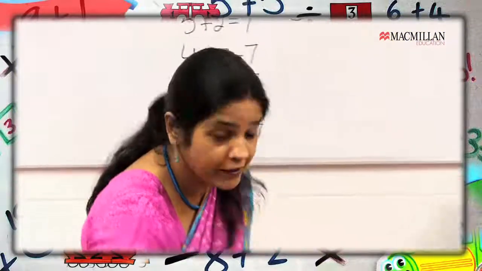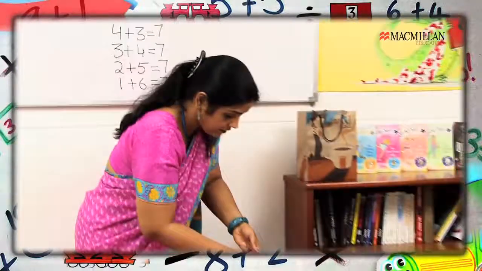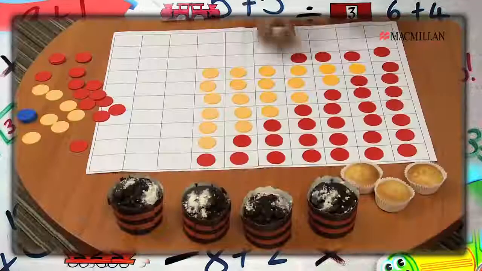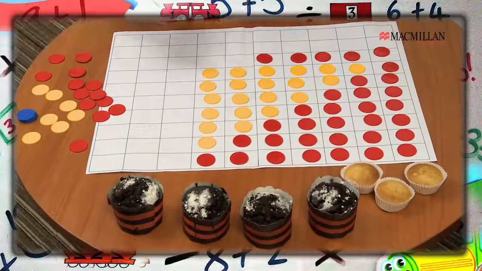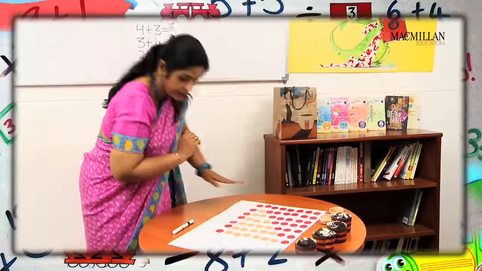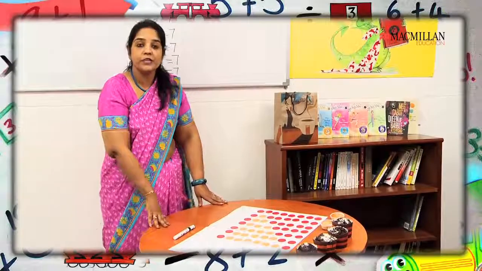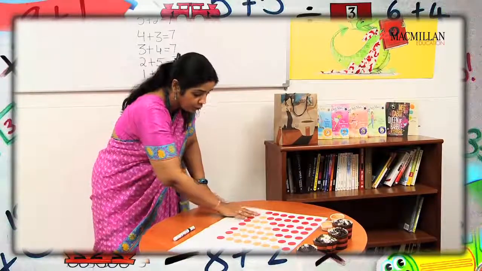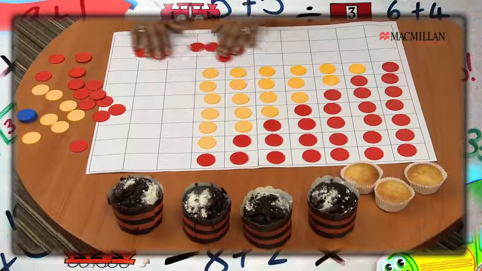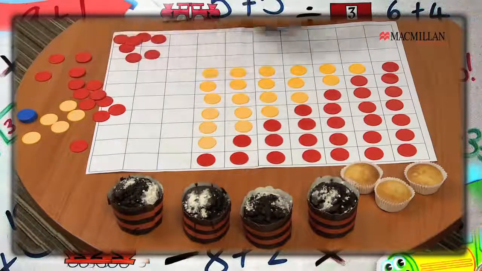So we are going to do it once again. I am going to place 7 red counters. I hope you are counting this time. So I placed 7 red counters and what am I going to do this time? Yes, I am going to replace all of them by yellow counters.